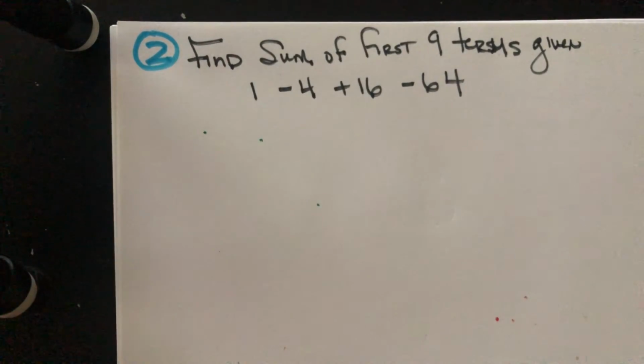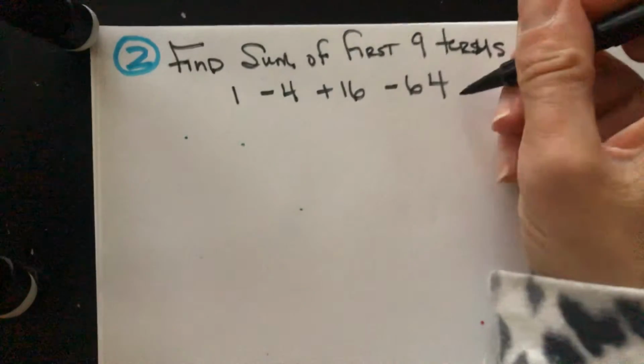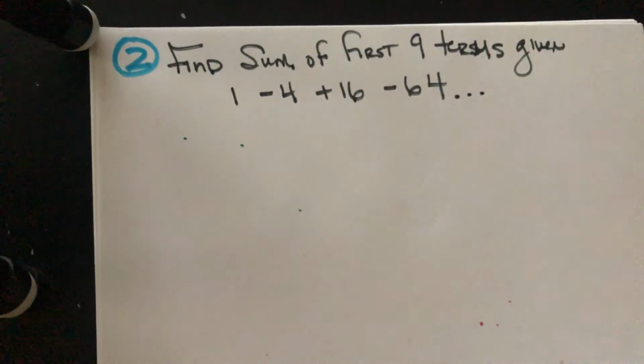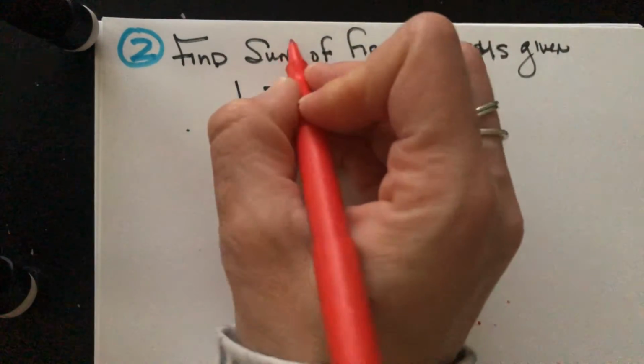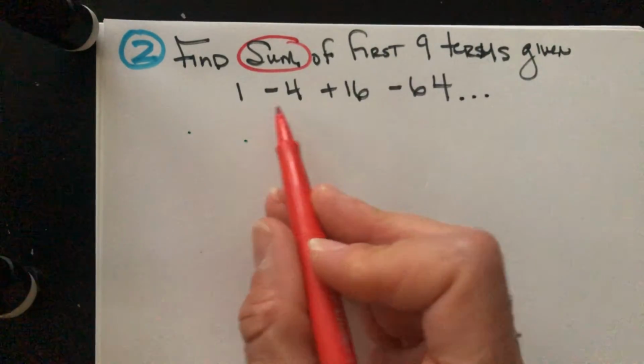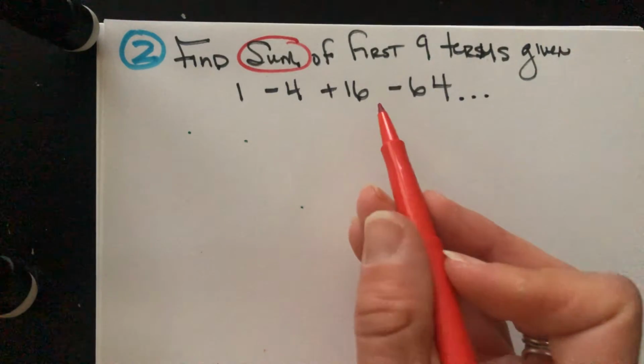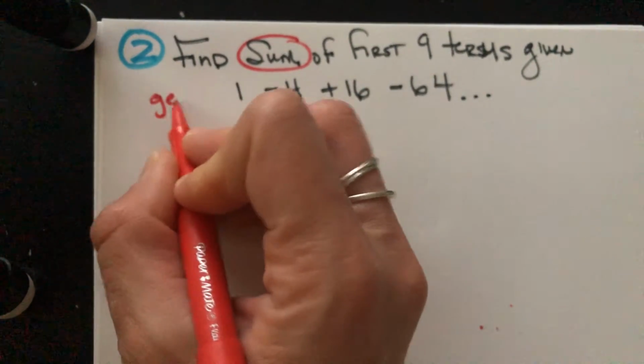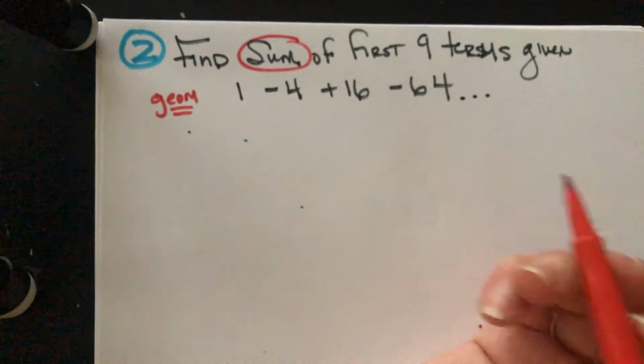Okay, so clearly, you look at this and you say, first of all, we want to find the sum. Sum is the sum formula. So your problems are going to be a little harder because you have to do a lot of deciding. So it's the sum formula, and then you would look and you would say, they're constantly being multiplied by -4, so this is geometric. You got to make sure you understand that.